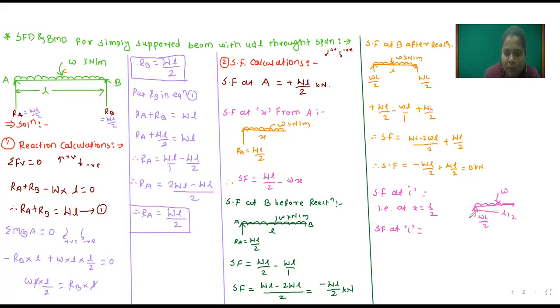So shear force at C is plus WL divided by 2 and this anti-clockwise, so minus WL by 2, because W is the uniformly distributed load multiplied by this span, so WL by 2. Therefore shear force at C is equal to 0 kilonewton.